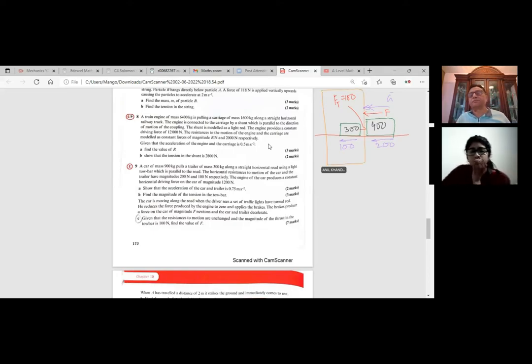This block. Because we are given that now the tension here is 100, right? So if you look into this system, let me just make them bigger.